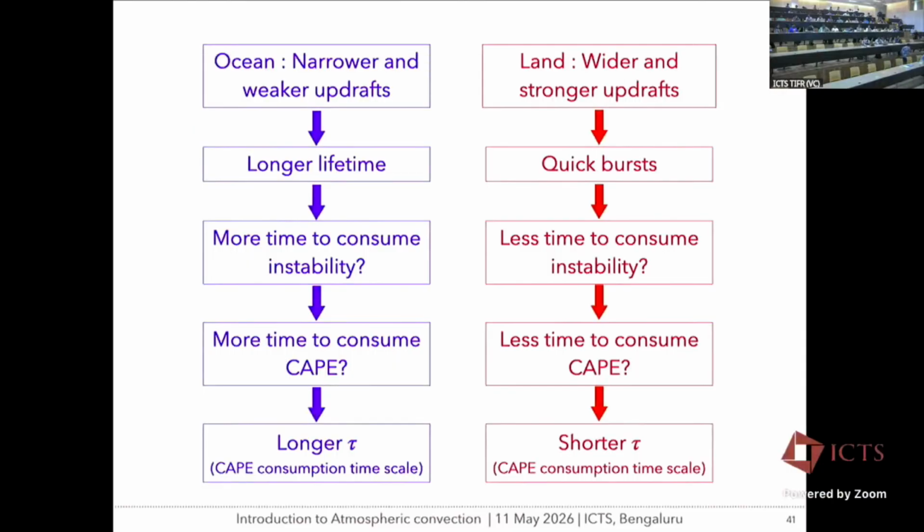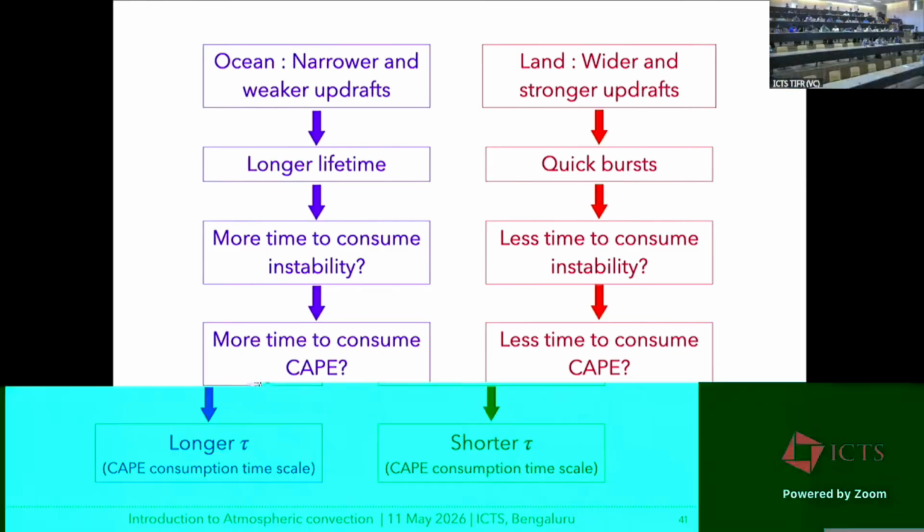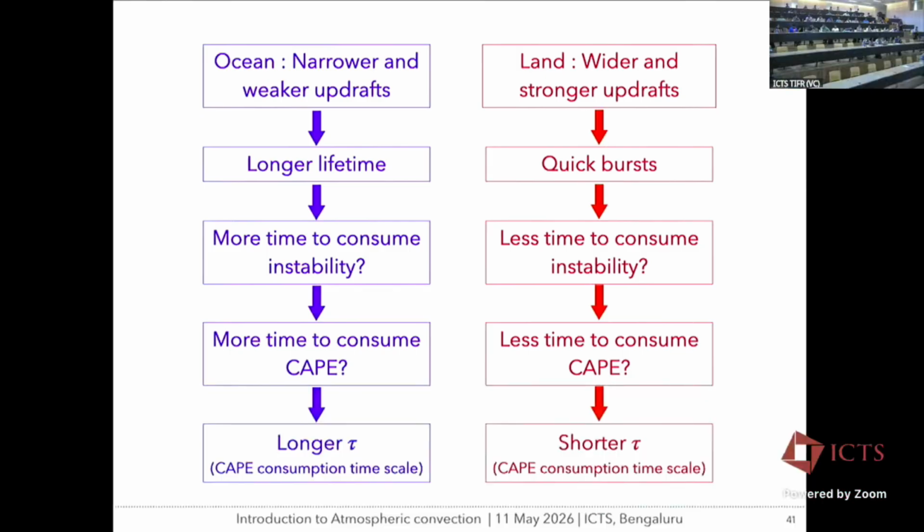So what is your opinion? She says that over the land, the CAPE gets time to build and then convection is realized and CAPE is utilized. But over the ocean, it isn't that way, and CAPE isn't allowed to build for a longer time scale. That is what I've been hearing through past ICTP or ICTS lectures.